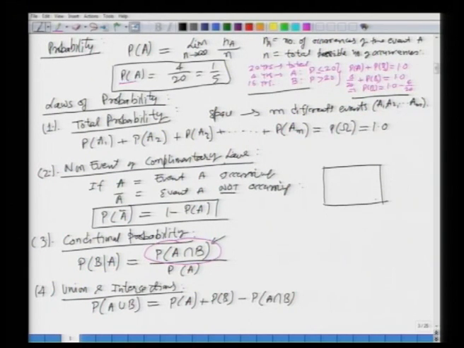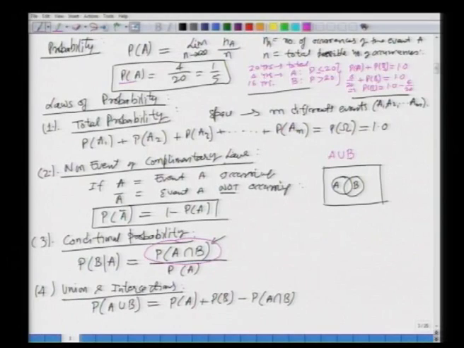Let us say this is your overall sample space in which you have two events. This is A and this is B, all right. So, what is A union B, all right. So, you have an event A occurring, you have an event B occurring. When can you say that both the events A and B are occurring, and when can you say either A or B is occurring, all right.